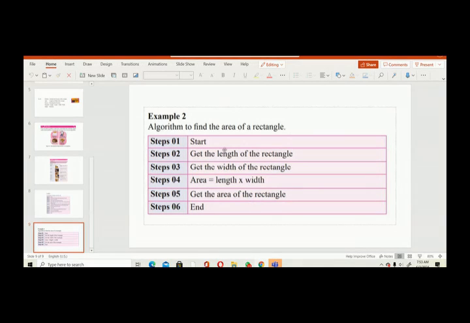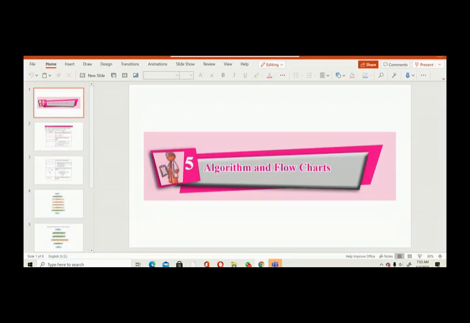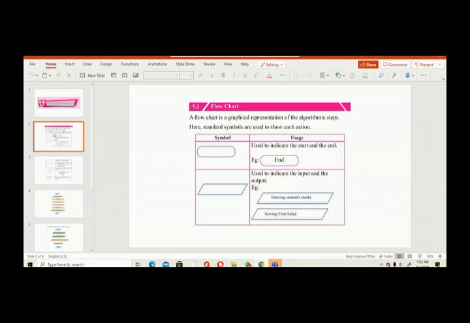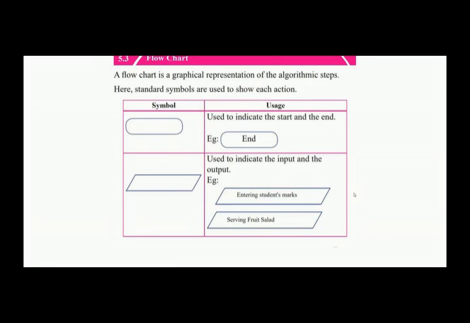Now, in a flow chart, what we are doing is showing it in a graphical representation. So today we are going to talk about flow charts. So a flow chart is a graphical representation of the algorithmic steps. The same thing, we will show it in a picture. Your algorithm, we are going to show it in a picture.